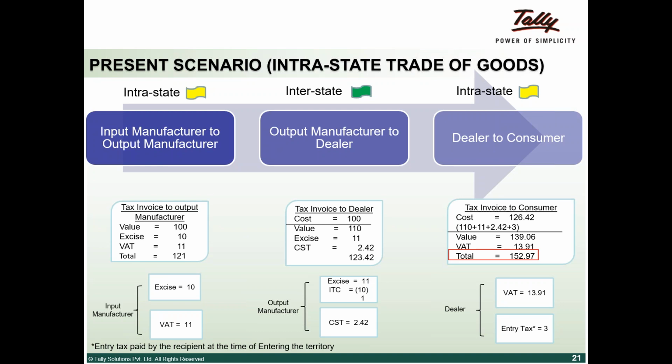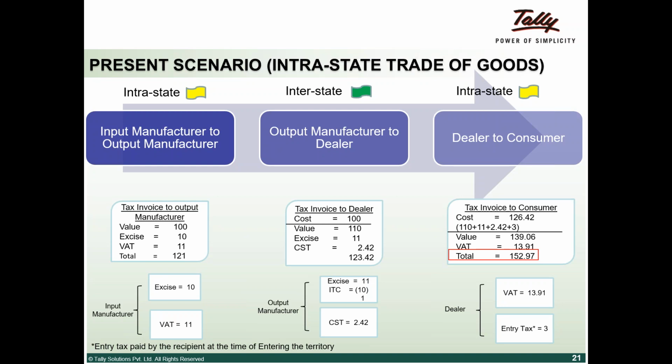Between the dealer and output manufacturer, we presume that a C form is issued. So at a concessional CST, he will be supplying the material to the dealer. So total cost comes to 132. As far as ITC is concerned, excise duty of 11 he collects from the dealer, and he has a credit of 10, so net payment is 1. CST he collects and pays directly to the government because there is no ITC available for CST.